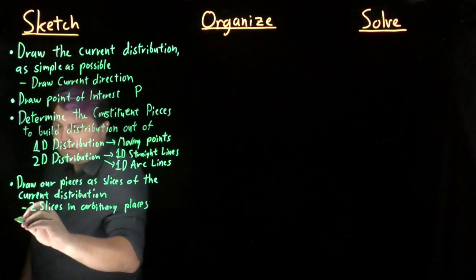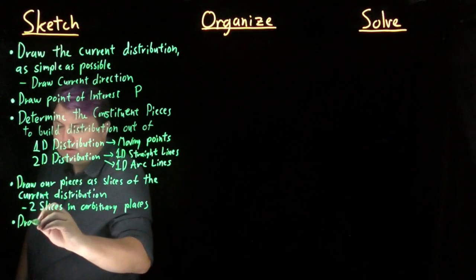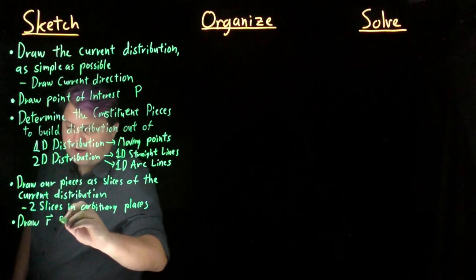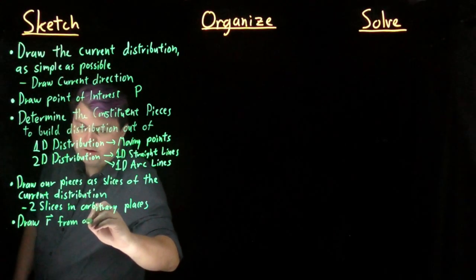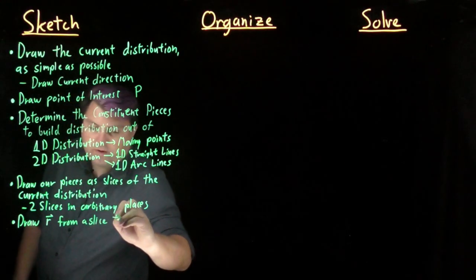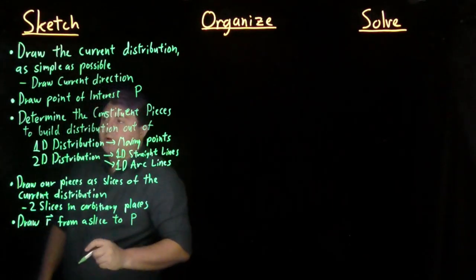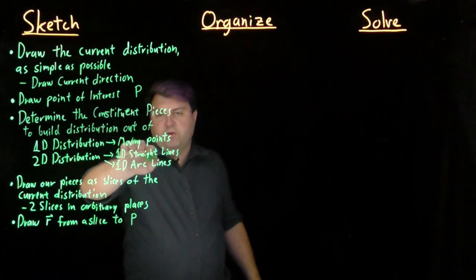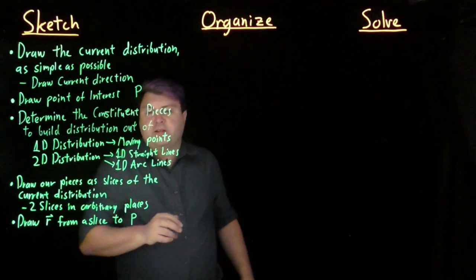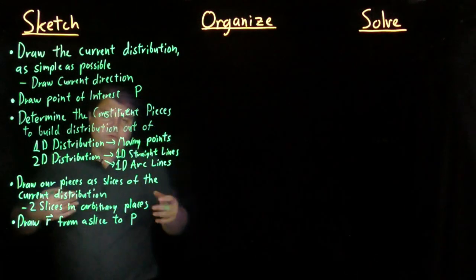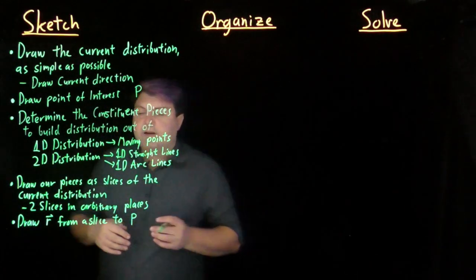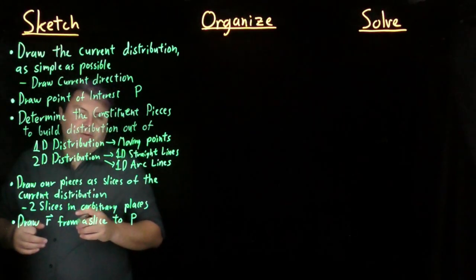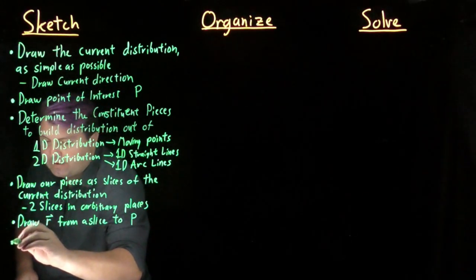Once we've done that, we want to then draw the R vector from a slice to point P. This is if we're using moving points. If we want straight lines or arc lines, then whatever distances we need, whether it's z or the radial distance, capital R, we do that.